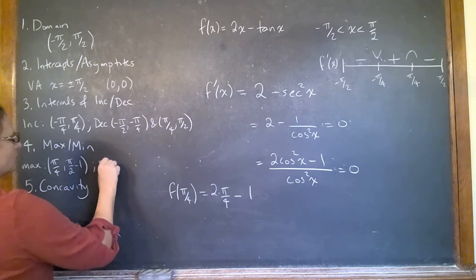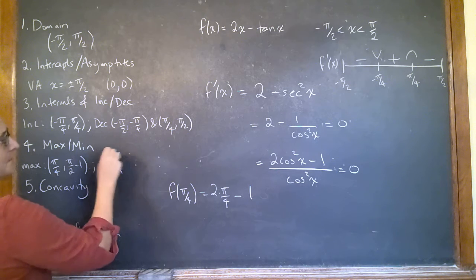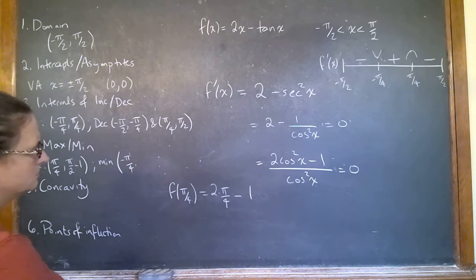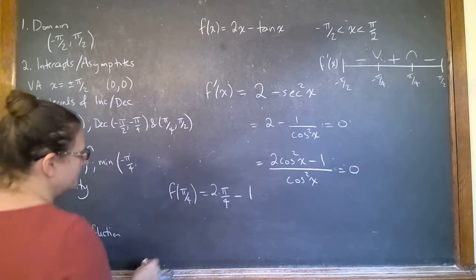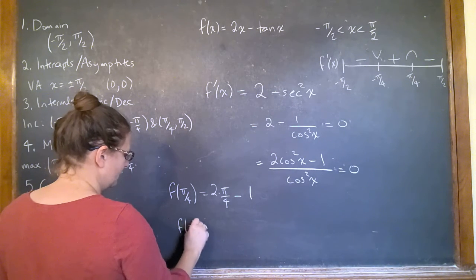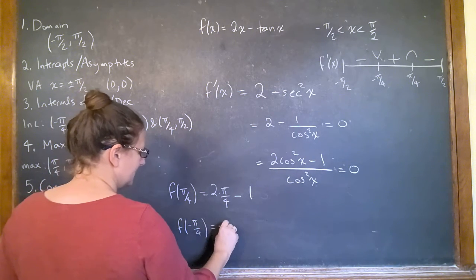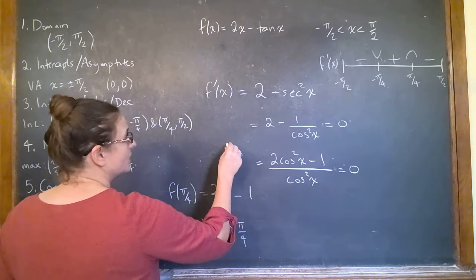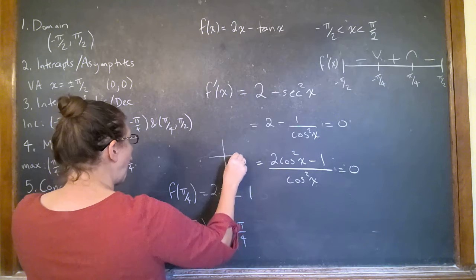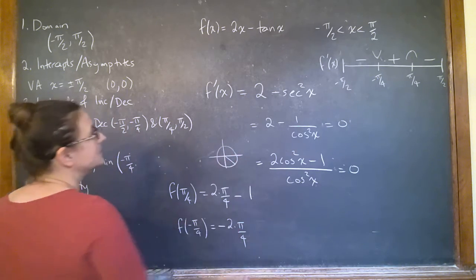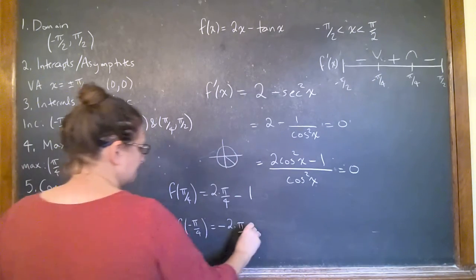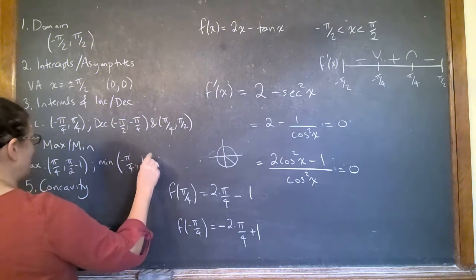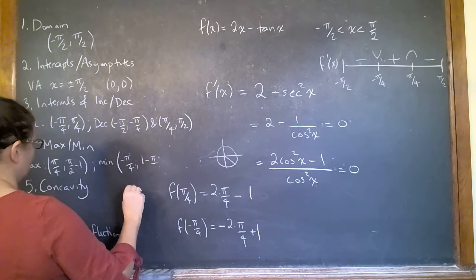And then for our minimum, it's going to happen at negative pi over 4. So f of negative pi over 4 is going to be negative 2 times pi over 4. Now, the tangent here is going to be negative 1, so this is going to be 1 minus pi over 2.